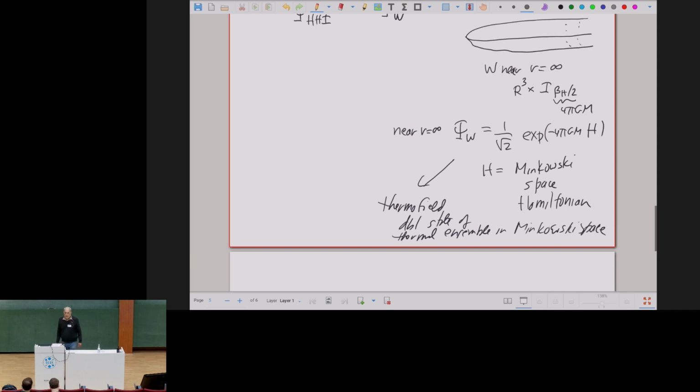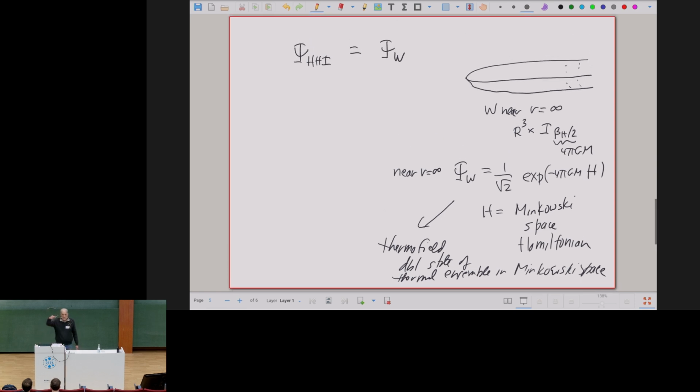It's not e to the minus βH, it's e to the minus β over 2 times H. So the density matrix would be e to the minus βH. The thermofield double state is the square root of the density matrix, so it's e to the minus β over 2 times H. Here we're getting the square root of the density matrix, because to get the density matrix, we'd have to go all the way around the circle, but here we've only gone halfway around.